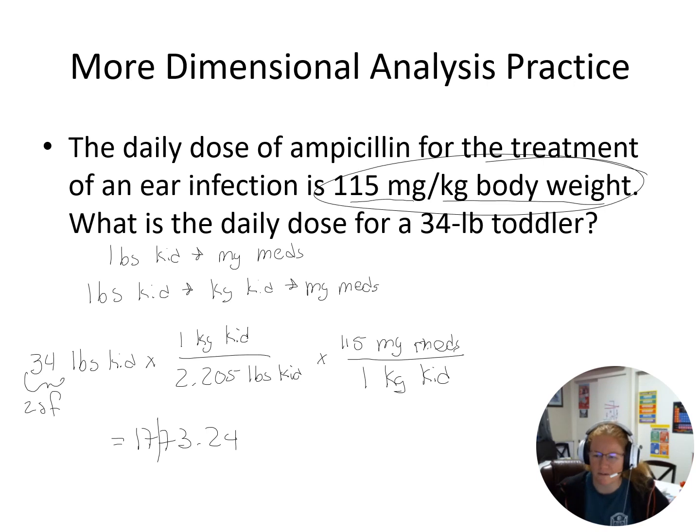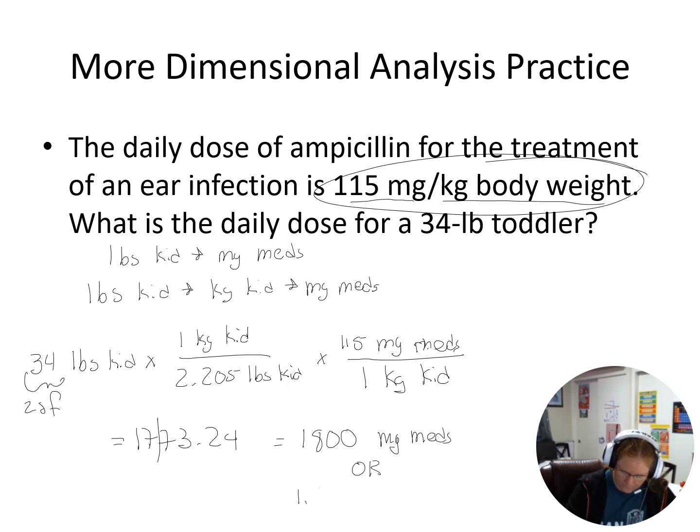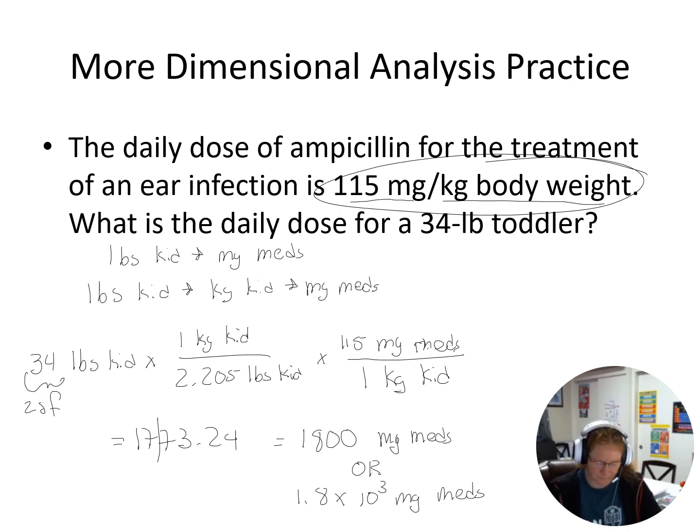We can write it with trailing zeros and no decimal point, or we can write it in scientific notation. So we can write it as 1800 or 1.8 times 10 to the third milligrams meds. They both mean the exact same thing.